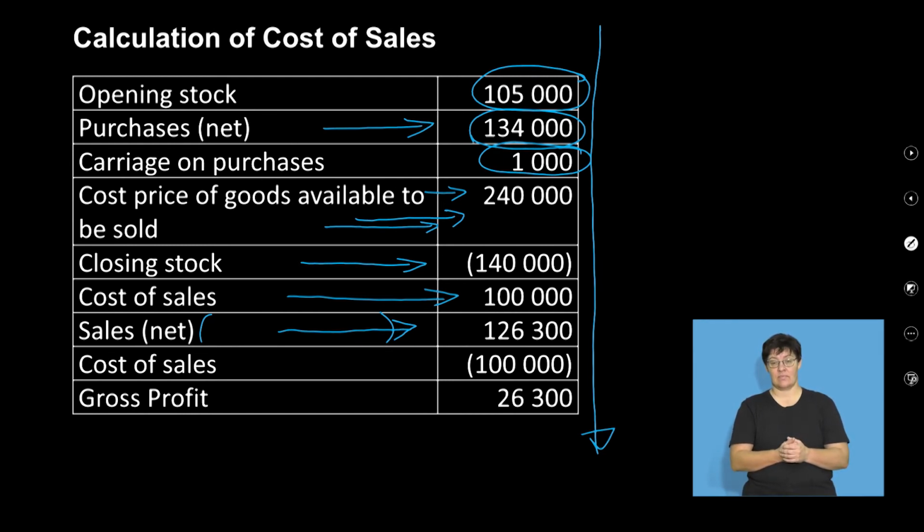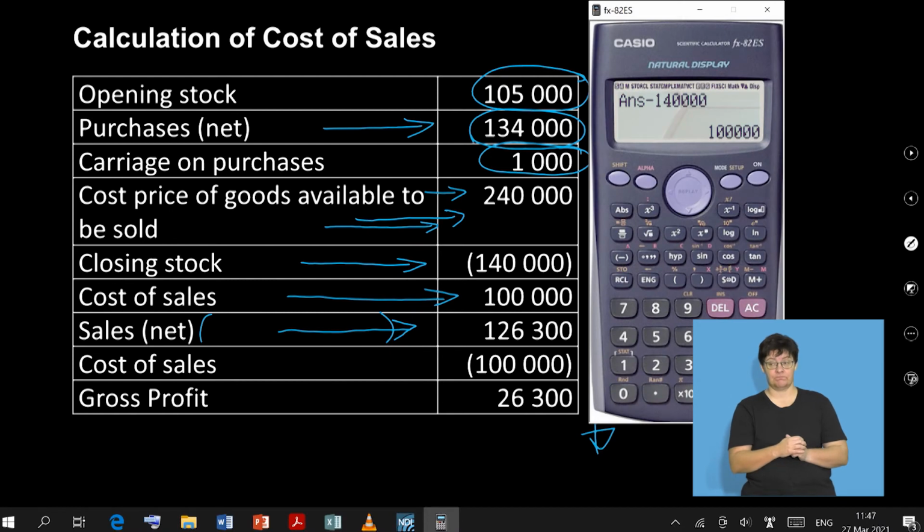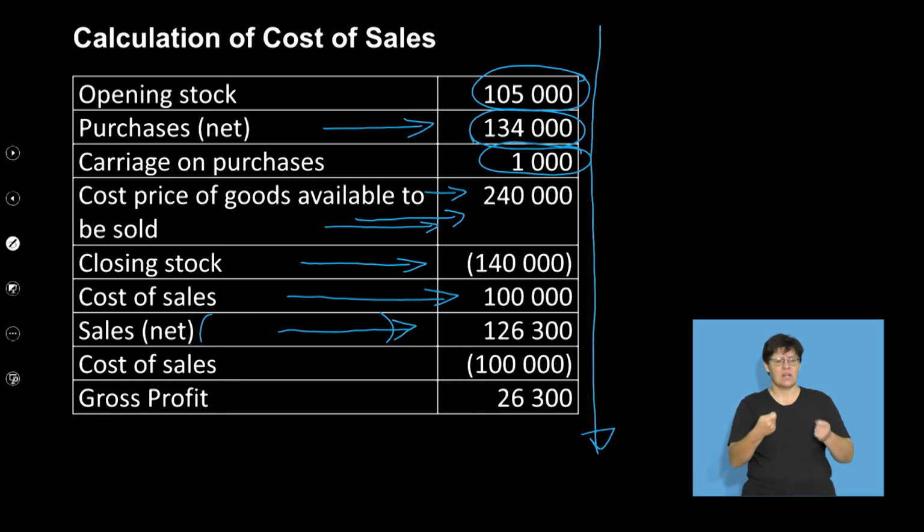Now watch. We've got our sales figure of 126,300. So 126,300 minus what? The cost of sales. Now where does that cost of sales come from? That cost of sales comes from your calculation. Let me just use another color to illustrate it better for you. Watch here. That cost of sales is what you're going to slot in to your calculation here, because you calculated the cost of sales.